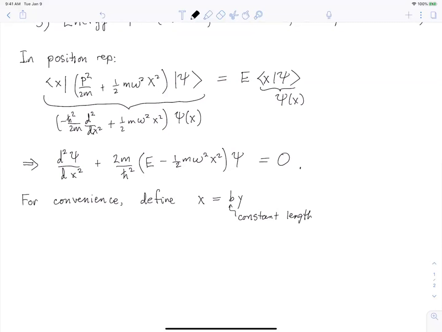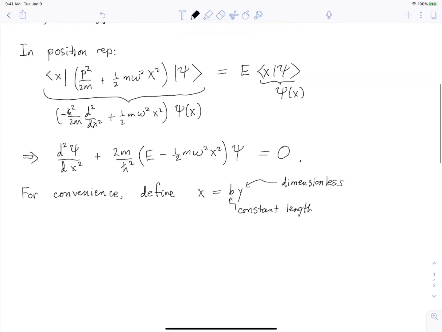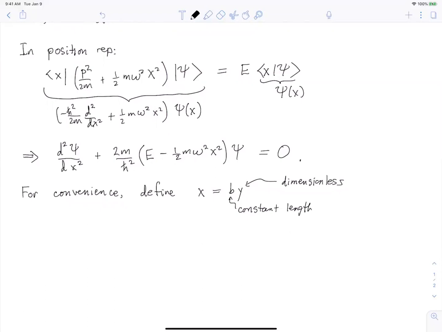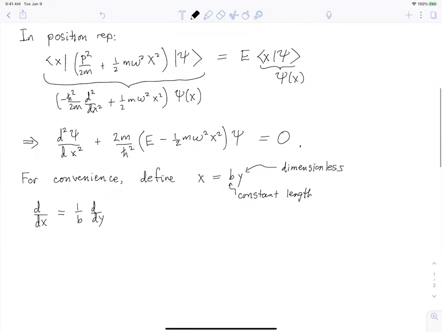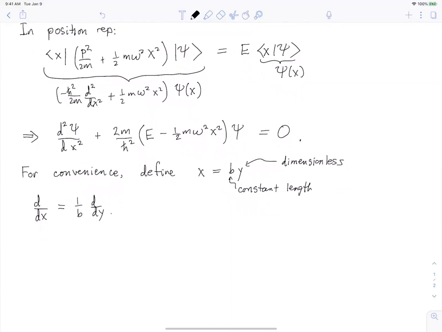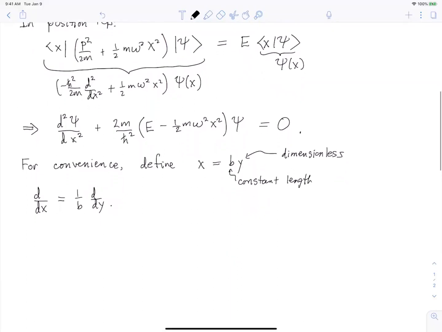And y is our new variable, and it's dimensionless. So we know x has units of length, and so if b has units of length, then y is dimensionless. And so now we need to be able to take derivatives with respect to x, but that's just d/dx is equal to 1 over b d/dy. Again, I haven't told you what b is yet, but we'll figure it out in a minute.